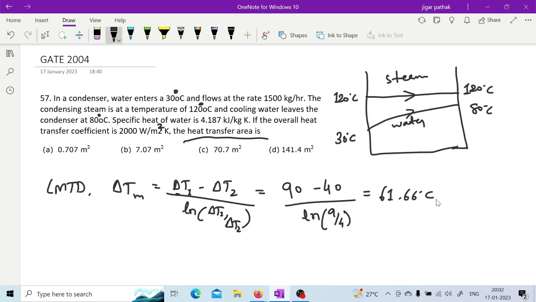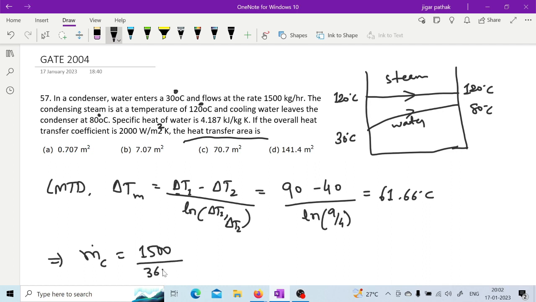So once you have this, then you can consider any one fluid's heat transfer, right? Here you can consider heat transfer in water, right? So for that, first you need to calculate the mass flow rate of this water cooled fluid. What is mass flow rate? 1500 kg per hour.